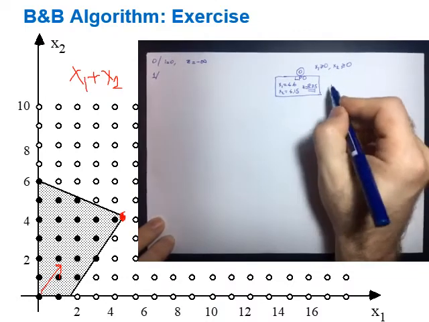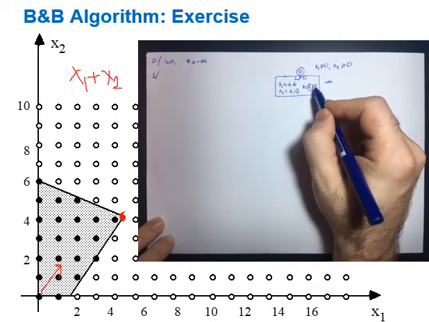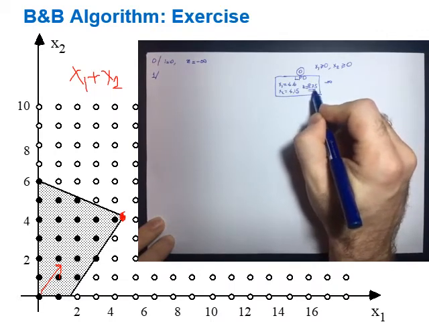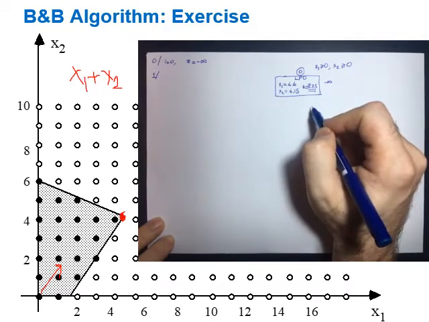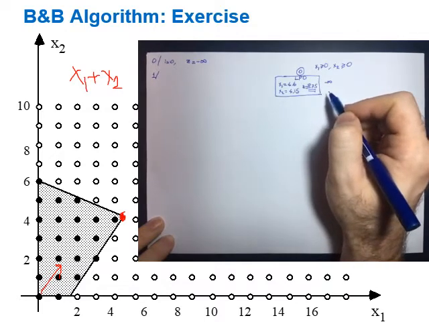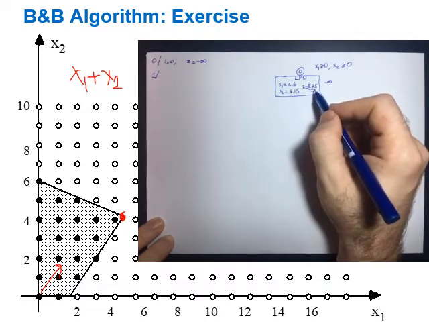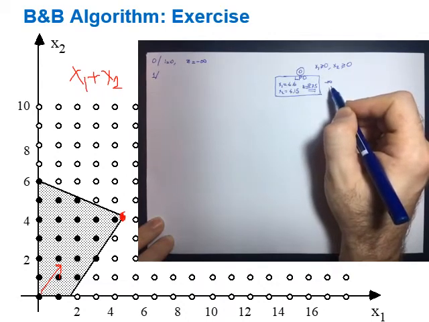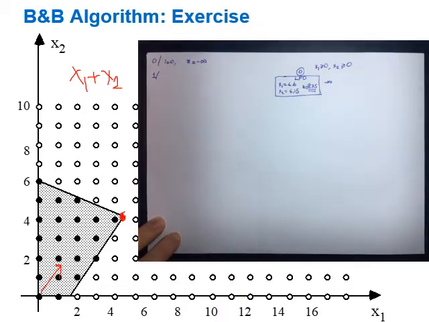Our lower bound is minus infinity. We are trying to maximize, and in maximization, is 8.75 worse than minus infinity? The answer is no. This solution is better, so we cannot fathom because of bound.